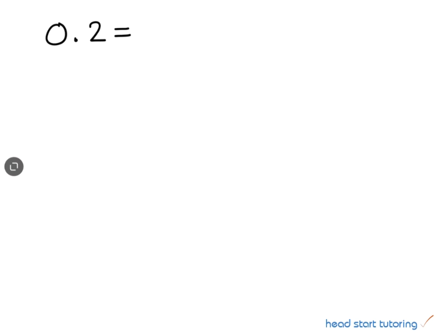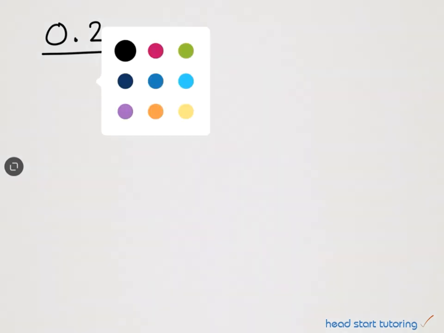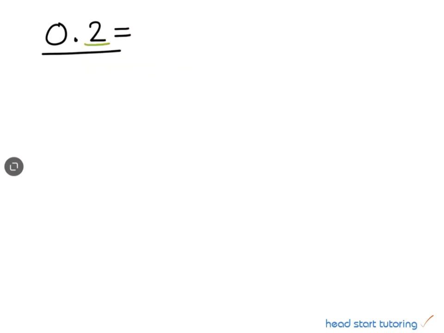If I would like to convert my decimals into fractions, and especially simplified fractions, what I need to do is, if we consider the number 0.2, I need to have a look at how many decimal places my decimal has. So a decimal place is the number of digits after my decimal point.